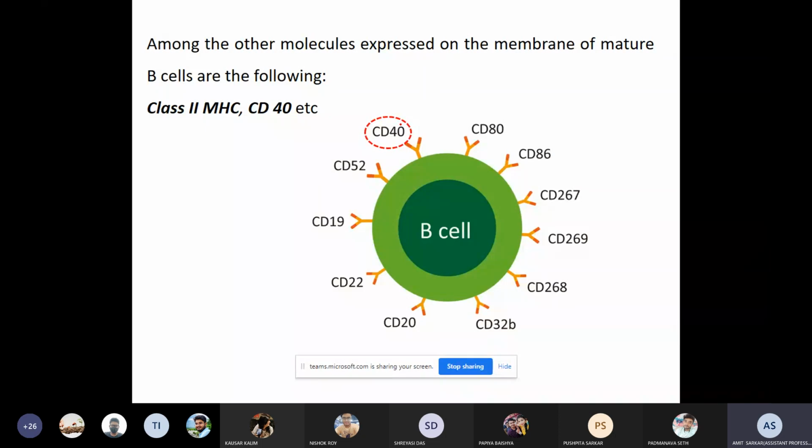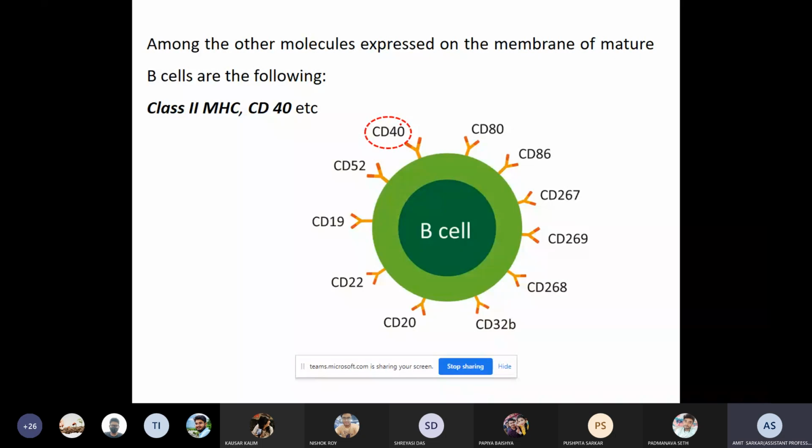That's why you can replace the term B cell and say CD40 cells. So in the scientific world, instead of saying B cell, people say CD40 cell or CD40 plus cells, something like that. Another one is the class 2 MHC molecule. We will see about the class 2 MHC molecule maybe in the next class or the one after. MHC means major histocompatibility complex.